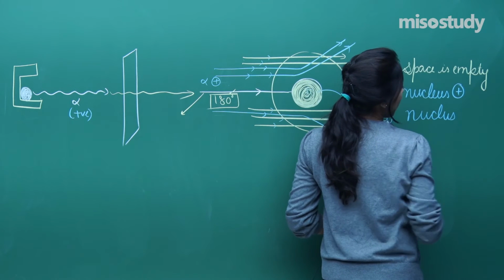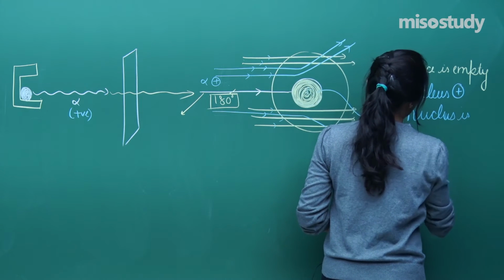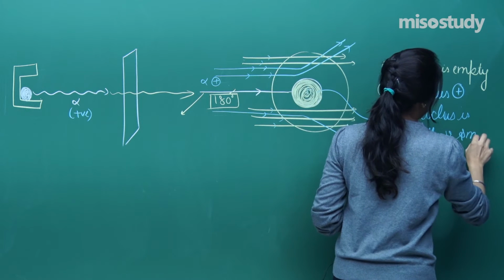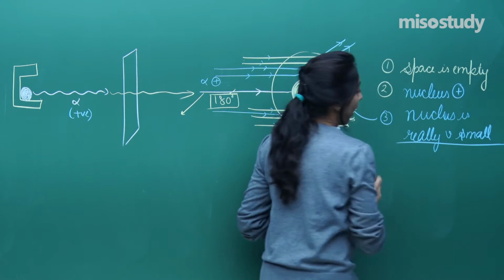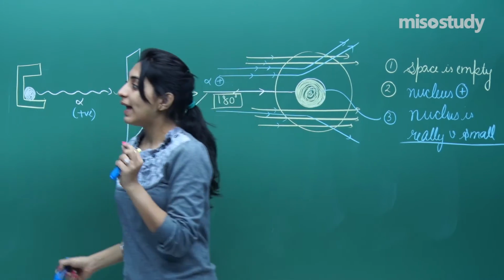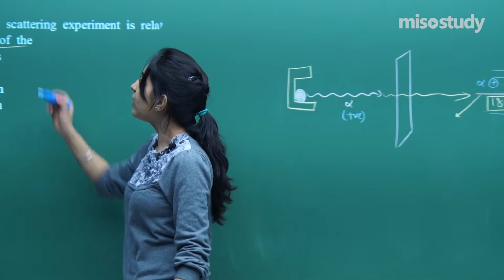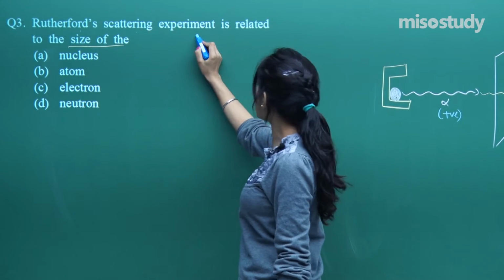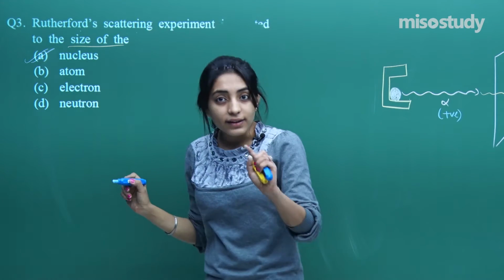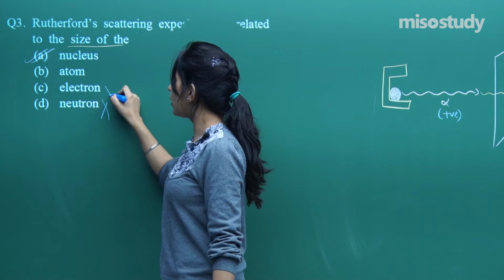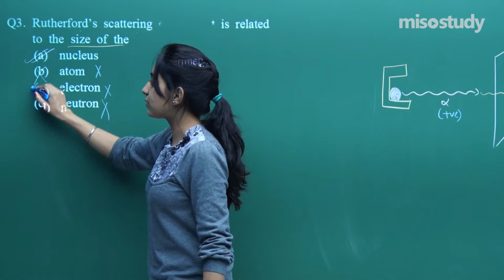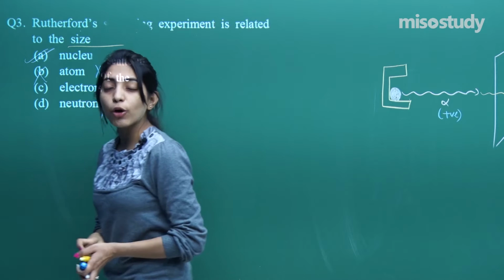Or in other words, the nucleus is really very small. So the nucleus present in an atom is really very small, and hence I can simply say that the Rutherford scattering experiment is related to the size of the nucleus. It didn't say anything about the size of the electron, neutron, nothing. Moreover, it didn't say anything about the size of the atom.